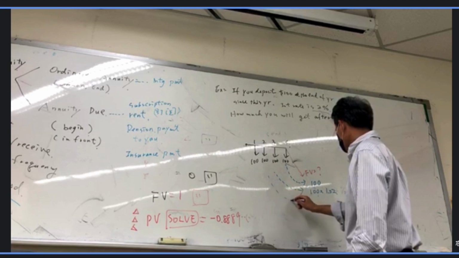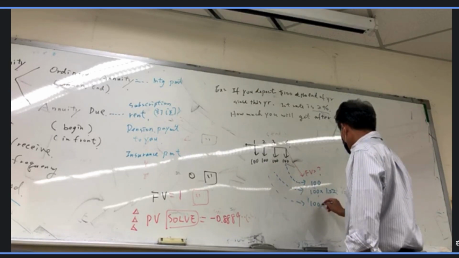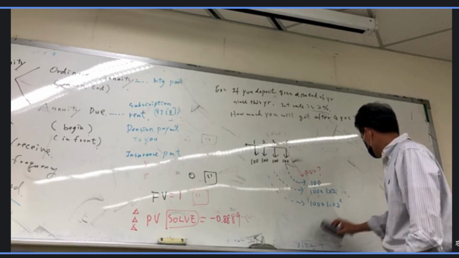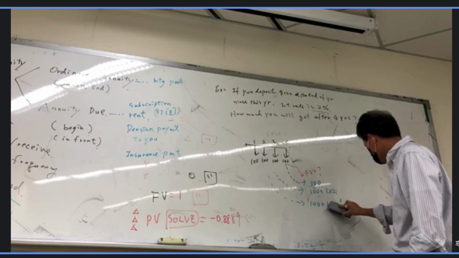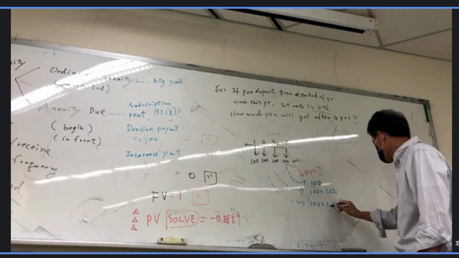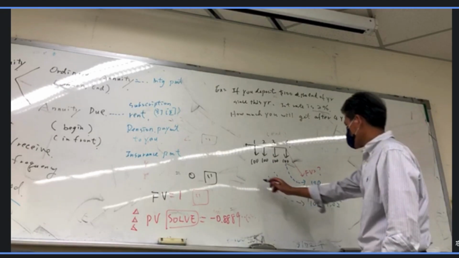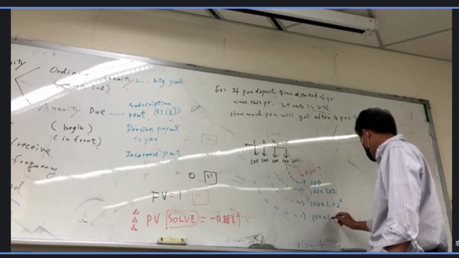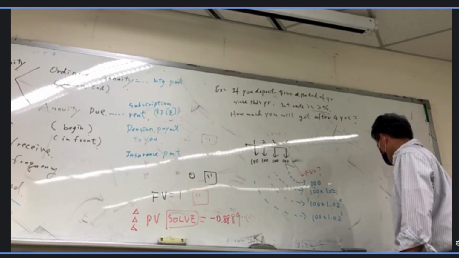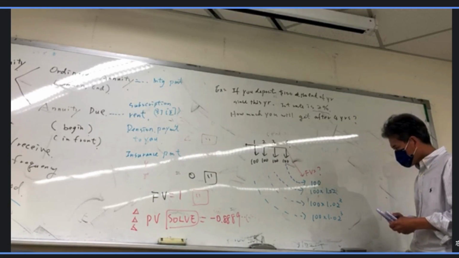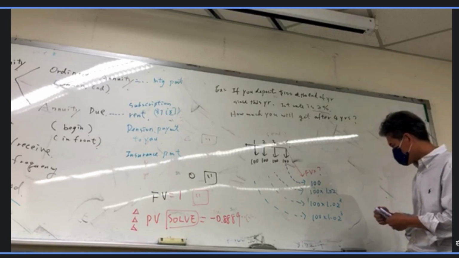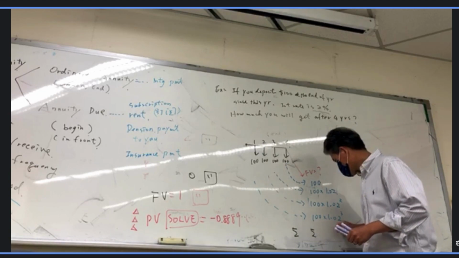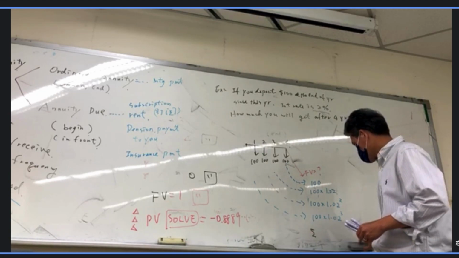And for this it's 100 times 1.02, and for this one, 100. So the future value is the summation of these cash flows.